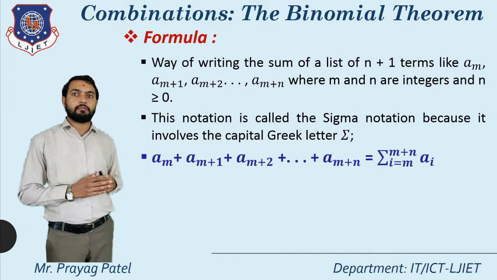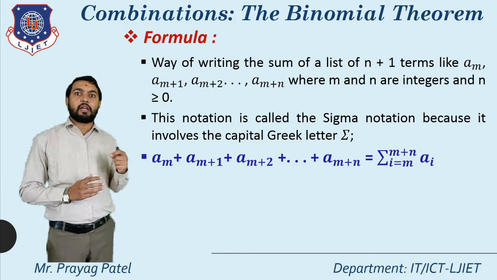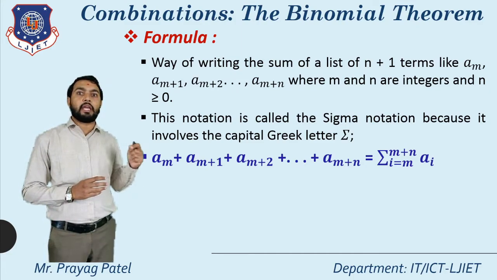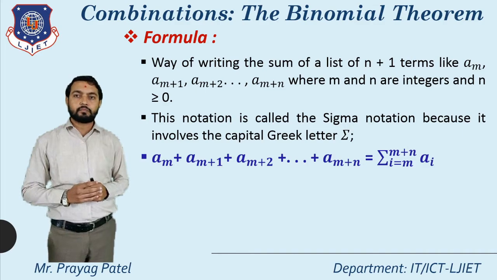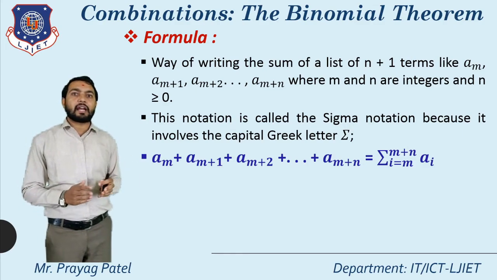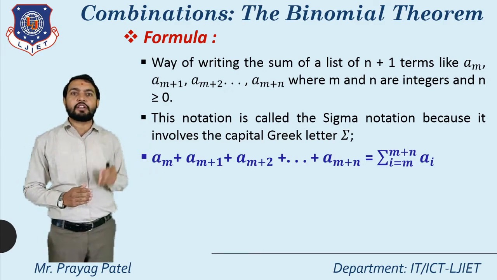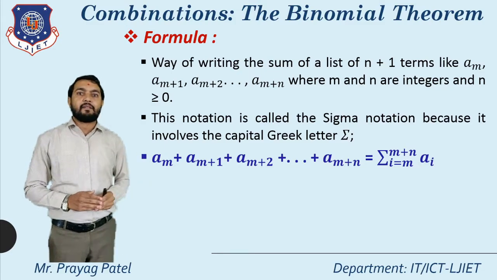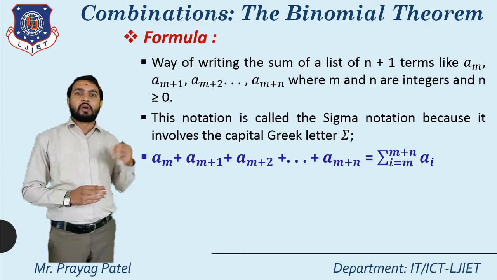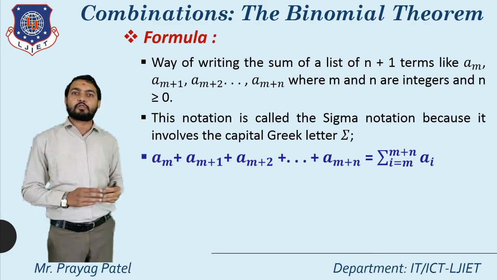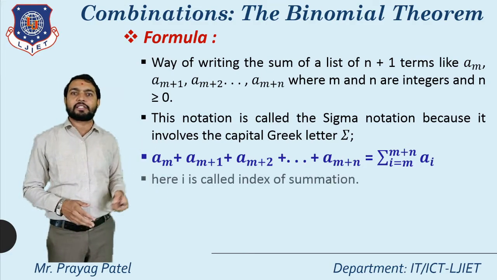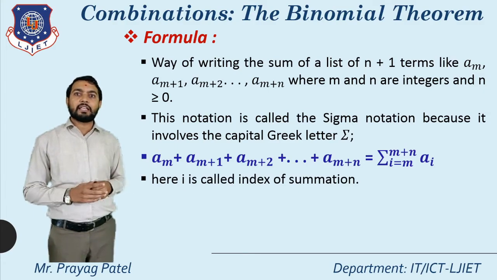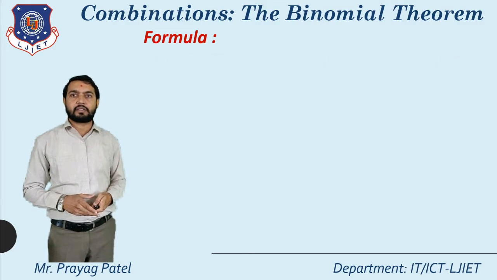So a of m plus a of m plus 1 plus a of m plus 2 up to a of m plus n. The addition of all of these is represented using sigma notation: sigma i equals m to m plus n of a of i, so i becomes m, m plus 1, m plus 2 up to m plus n. This is a simple addition using sigma. Here i is called the index of the summation.